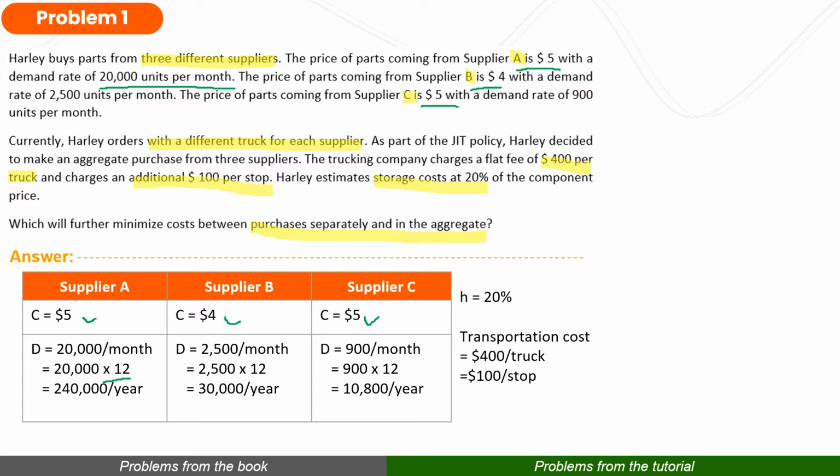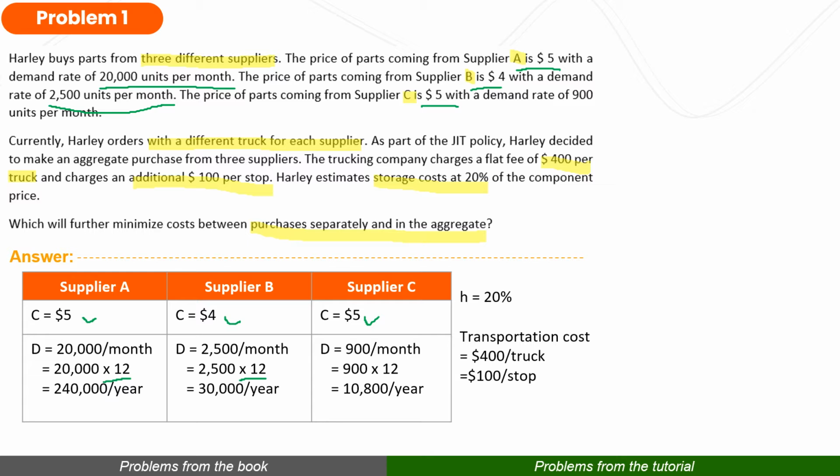From the supplier A, the demand rate is 20,000 units per month. Just times 12, and we get 240,000 per year. And then for the supplier B, the demand rate is 2,500 per month times 12, and we get 30,000 per year.